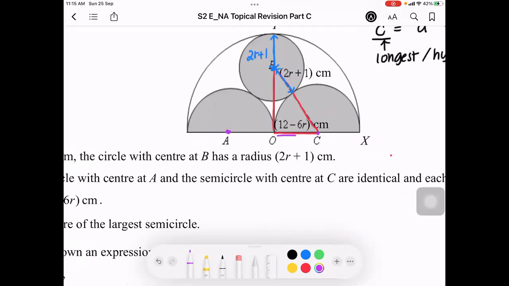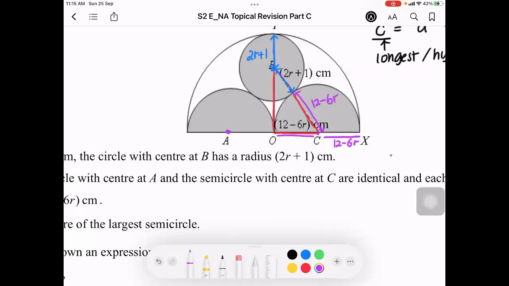That means this is 12 minus 6r. This portion is also 12 minus 6r, and this portion is also 12 minus 6r. Then where else is 12 minus 6r? This portion is also 12 minus 6r.